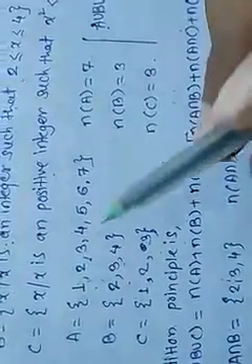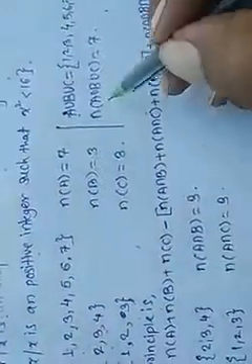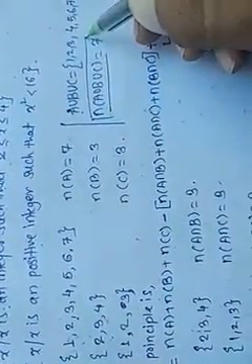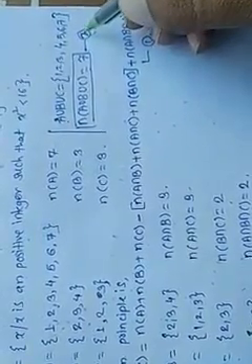From B it is 2, 3, 4, which is covered in A, and C is 1, 2, 3, which is also present in A. So n(A ∪ B ∪ C) is equal to 7. Okay, so here we label the first result as equation 1, marked as a star, and this one as a double star.